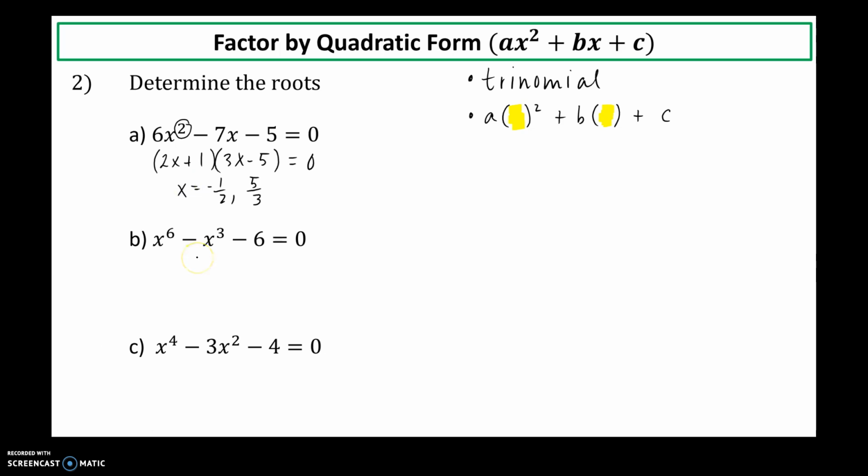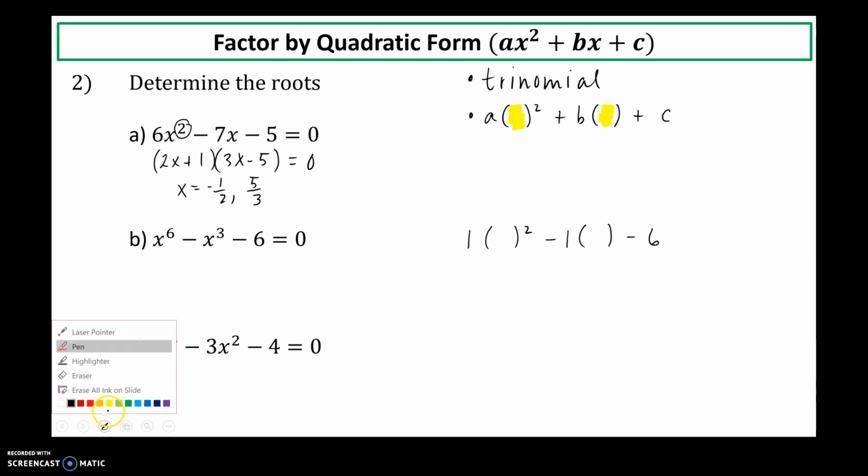Now check this out. It fits the fact that it's a trinomial, but now look at what's happening. My exponents are not 2, 1, 0. So to fit the form, I have 1 times something being squared minus 1 minus 6. Notice the quadratic form: my middle term here is x cubed, and when I square x cubed, that's where my x to the 6th comes from.